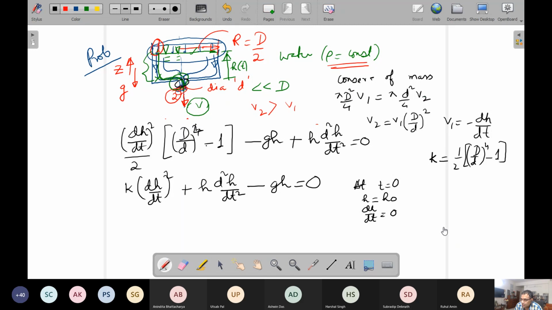So you see the complexity of the problem. It is not a very straightforward differential equation, and even very trained mathematics students will not be able to solve it just at once. You can make certain simplifications.